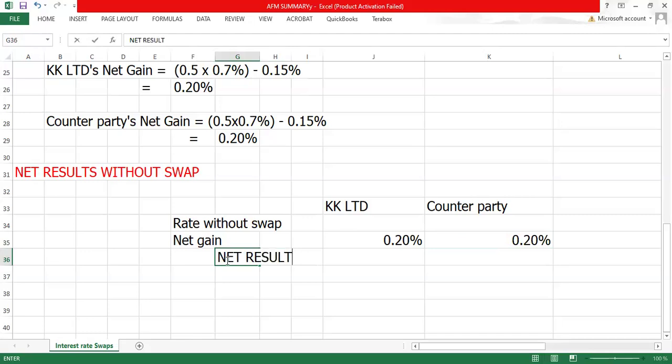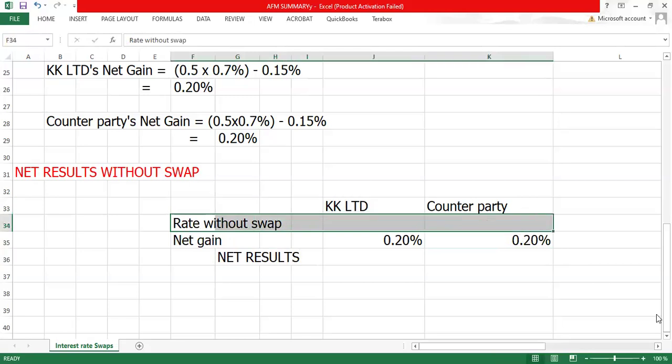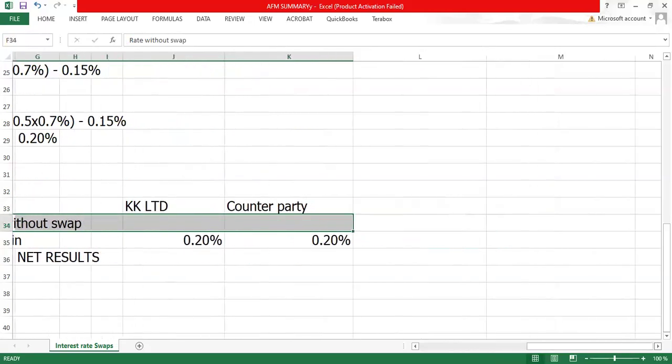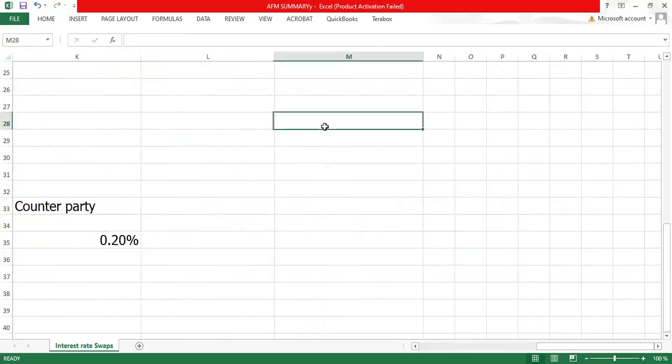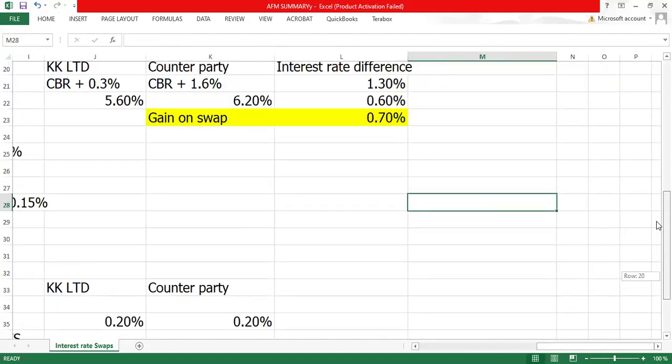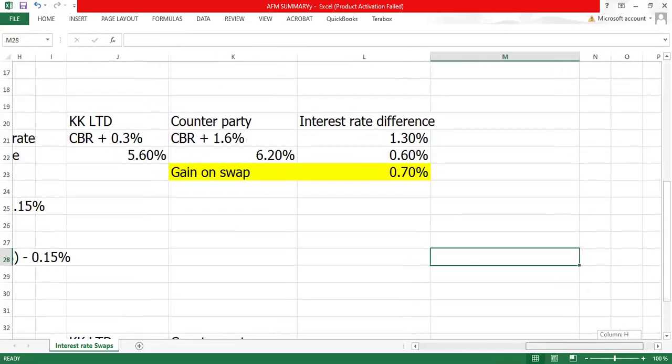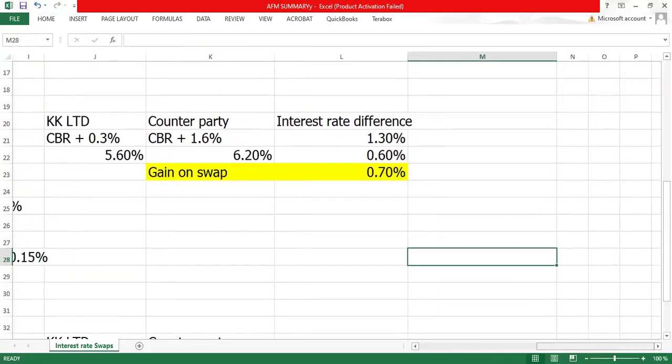Net results. But the question is, how are you going to determine this rate? Very, very key. Now, always know that to determine this rate, you look at what the counterparty is paying. Now, when you look at these rates, where does the company hedging benefit more when it enters into a swap arrangement?